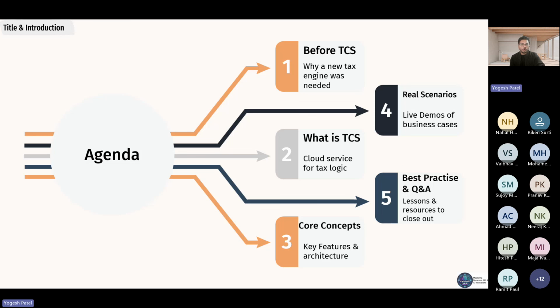We'll also unpack core concepts. This is where we'll go a little deeper into architecture, configuration structure, and key features that make TCS powerful and flexible. And then obviously real scenarios. We'll also wrap up with best practices, Q&As, and resources you can use to master TCS in your own project. So let's click on.